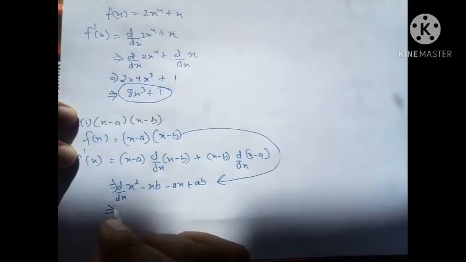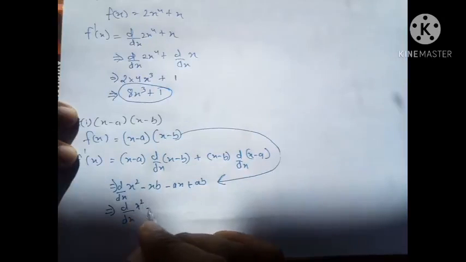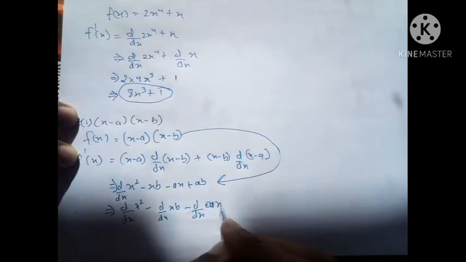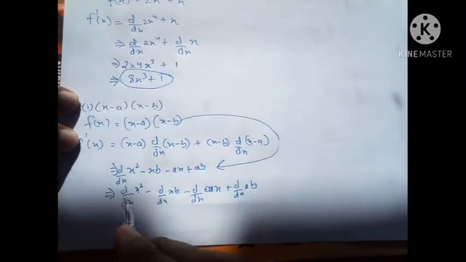And then I have to find d by dx of this function. So I'm going to distribute: d by dx of x square, minus d by dx of xb, minus d by dx of ax, and plus d by dx of ab. So the derivative of this is going to be what? 2x to the power 1.